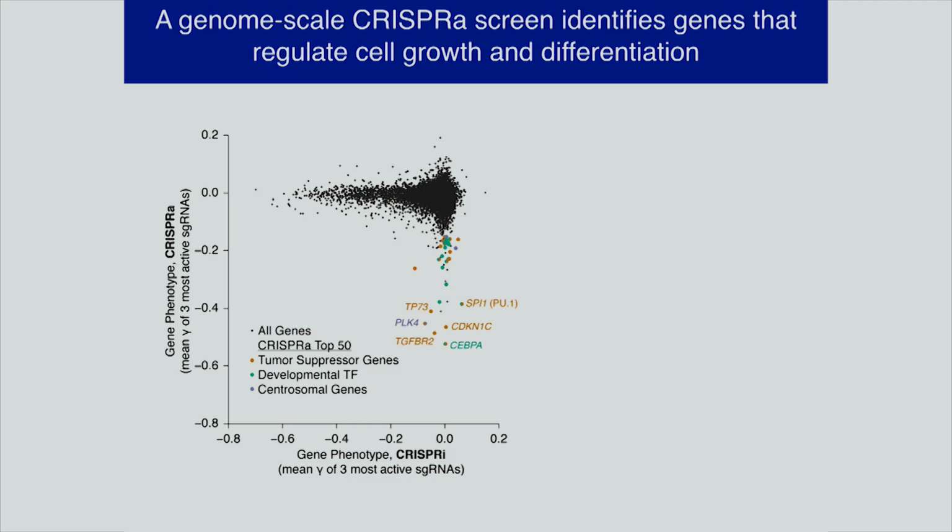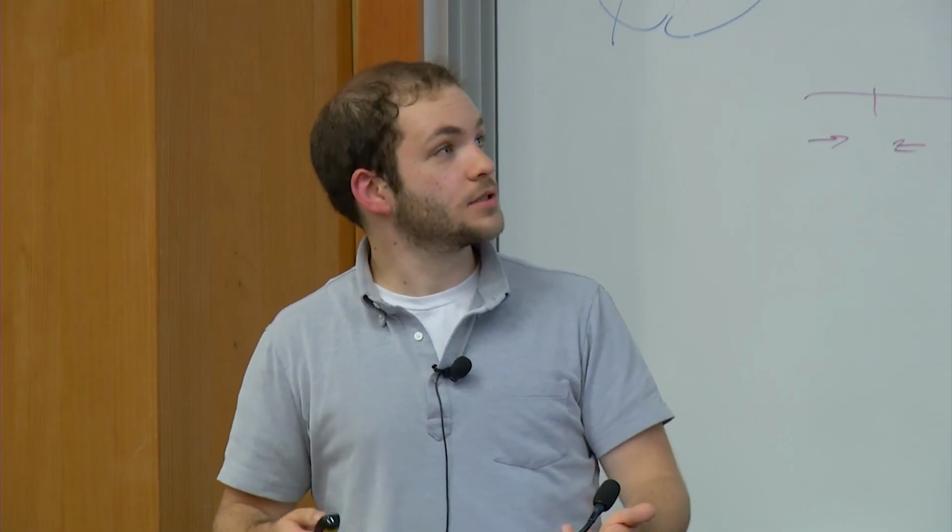You could argue that you might expect them to be anti-correlated: if turning these down kills the cell, turning them up should make the cell grow faster. That in cancer cells usually isn't the case. It's very hard to find anything that'll make the cell grow faster because it's optimized for cell growth.